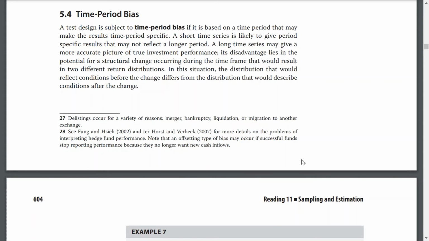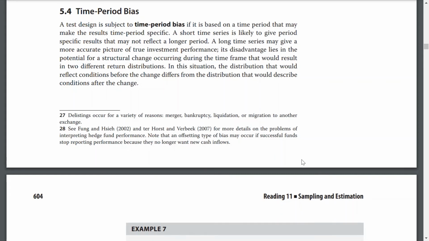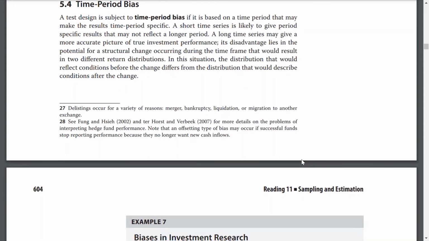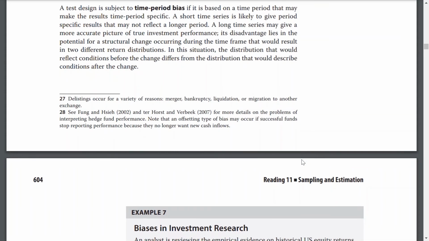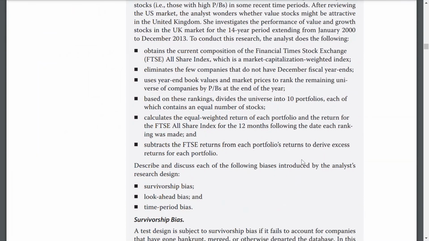A long-term series may give a more accurate picture of true investment performance. Its disadvantage lies in the potential for structural change during the time frame, which will result in two different return distributions. In this situation, the distribution that reflects conditions before the change differs from the distribution after the change. So here is example 7.